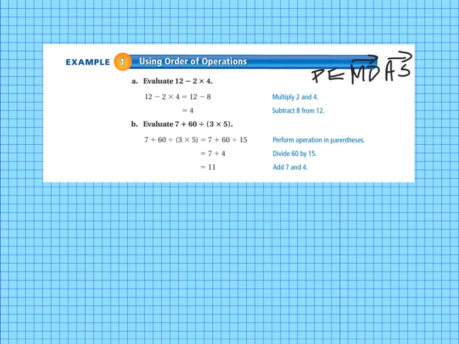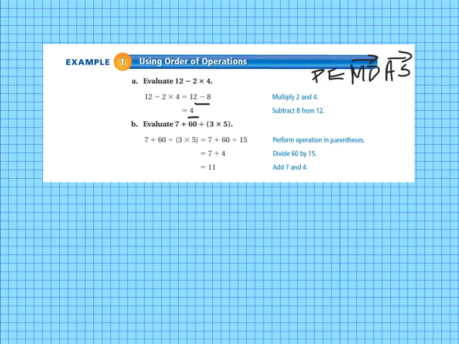So we go through our problem and we go, oh, well, there's a multiplication. So we multiply 2 times 4, which is 8. So we change that 2 times 4 into an 8. And then all that's left is the 12 minus 8. So 12 minus 8 equals 4. So that would be our answer.